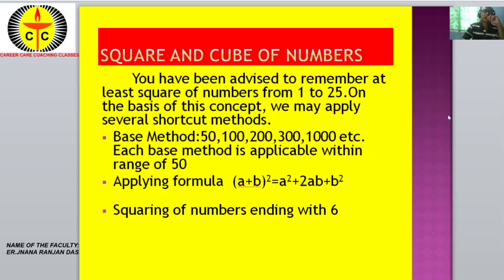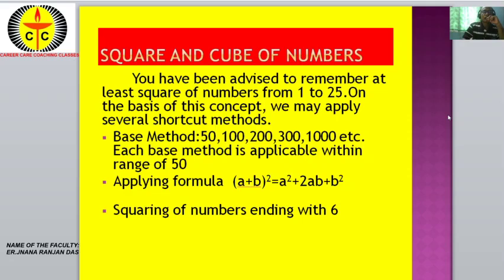Similarly, with the 100 base method, you can find the square of numbers from 75 up to 125. Similarly in 200, 300, each base method is applicable within a range of 50.